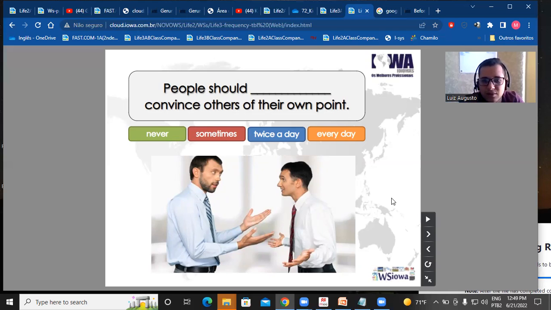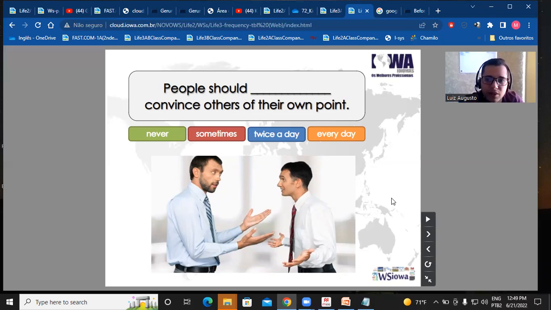As pessoas deveriam convencer outras. O que é own point? De seu próprio ponto de vista, né? Então pessoas sometimes... Pessoas deveriam convencer as outras de seu próprio ponto de vista.